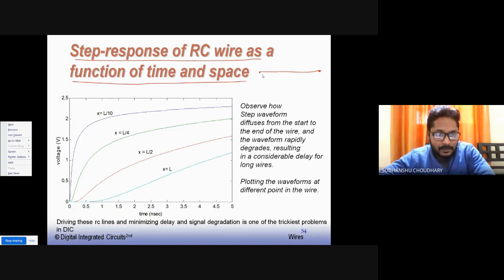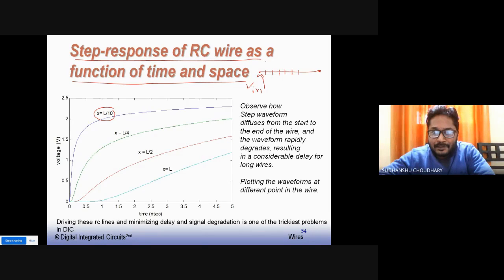Along various sections of the length, say L by 10, if I have 10 sections, this is my L by 10 section, this is L by 9, L by 8, and so on. The input signal Vin is applied here, and this is my X, let's say X is equal to L by 10.